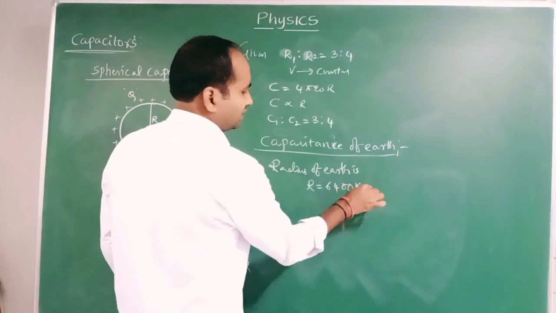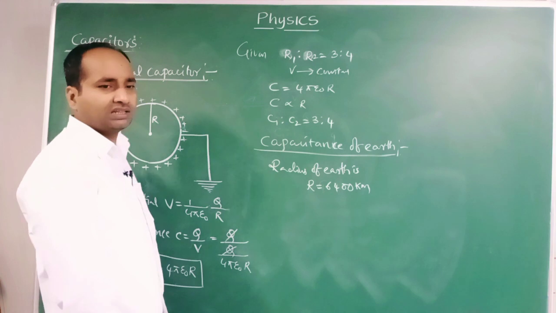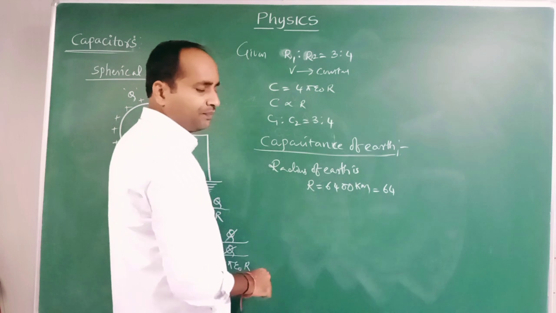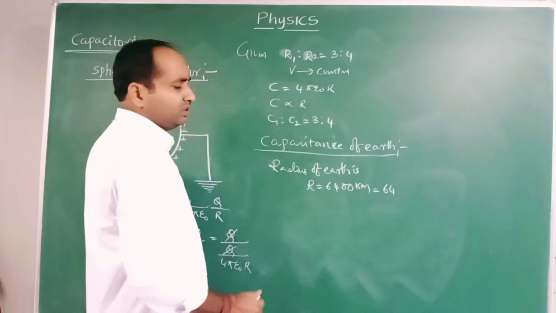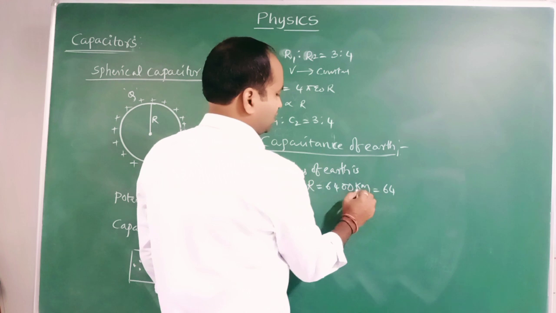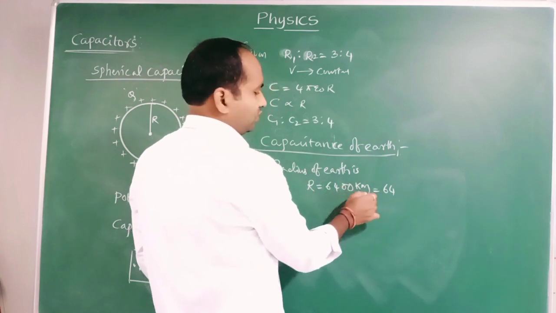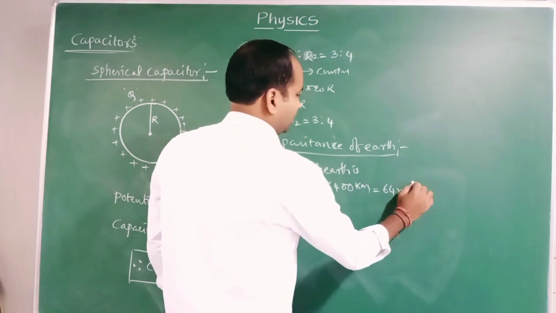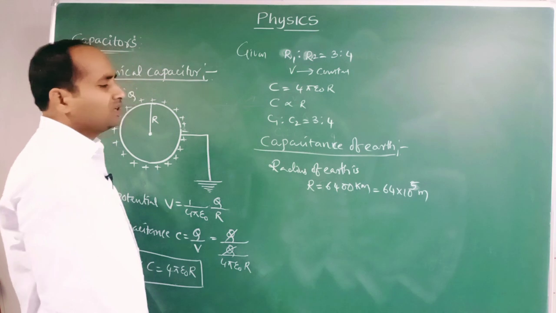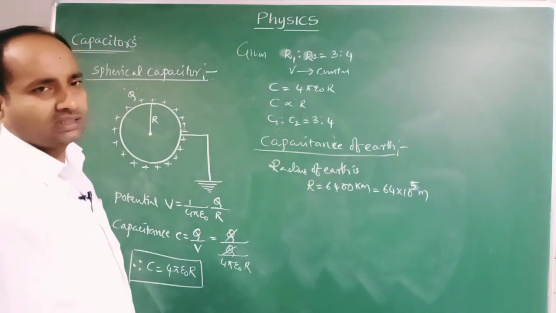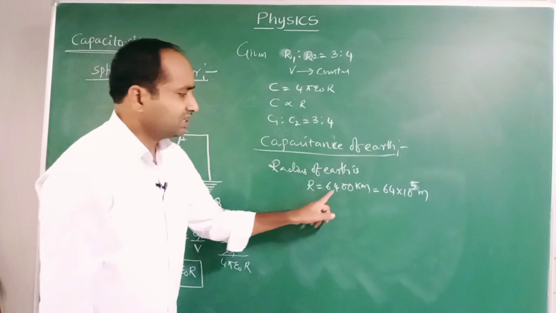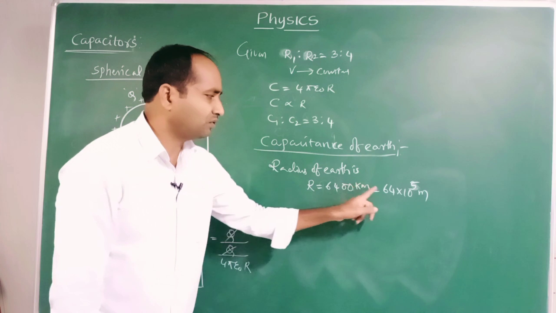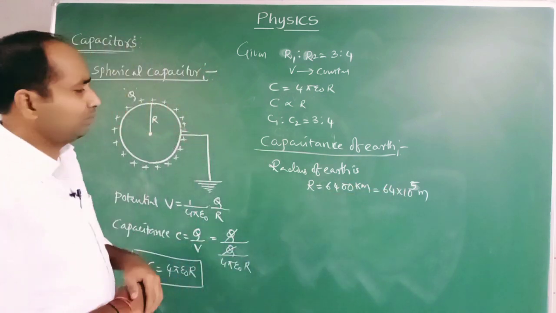One kilometer should be converted into meters, so 6,400 kilometers is 64 into 10 to the power of 5 meters. So the radius of the earth is 6,400 kilometers, that is 64 into 10 to the power of 5 meters.